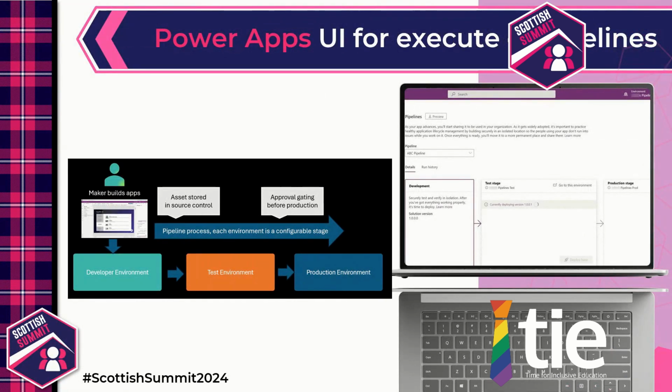Okay, so at a high level, how does this process work? To start with, makers will log in to the host environment. They will be looking into the Power Platform pipelines, accessing the pipeline, creating the pipeline, and linking the environments which need to be considered for this deployment.